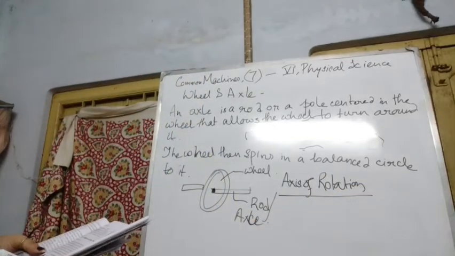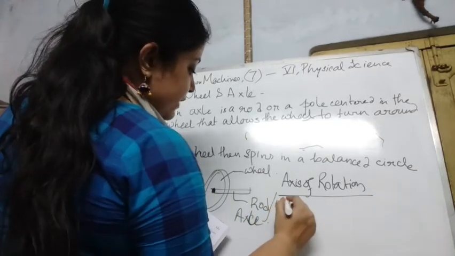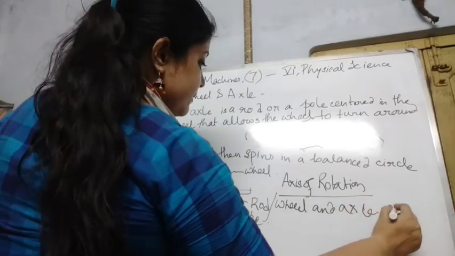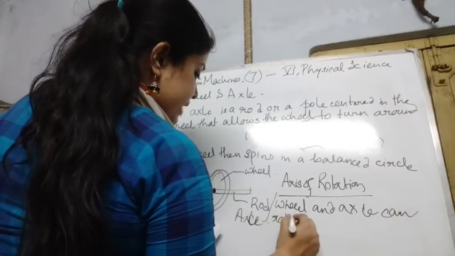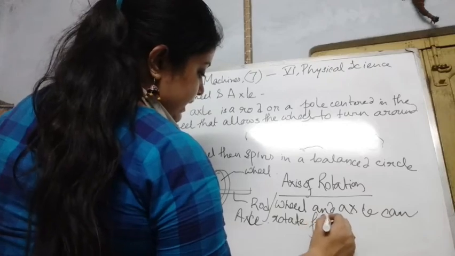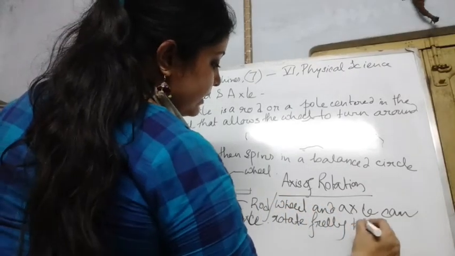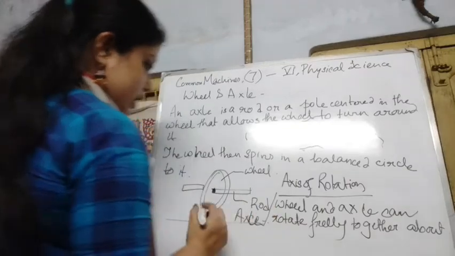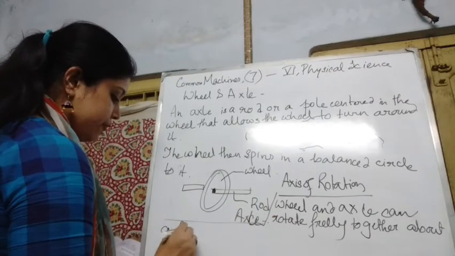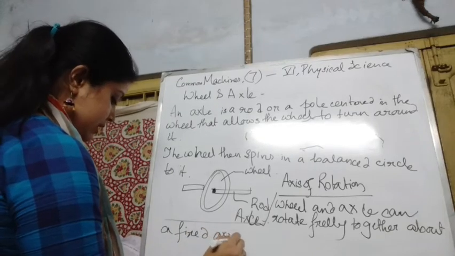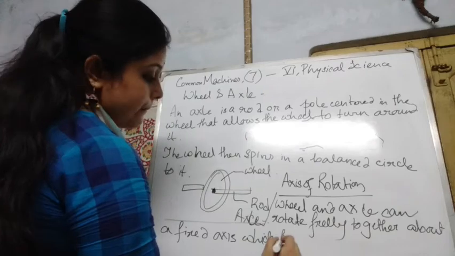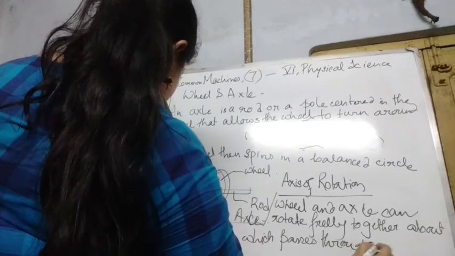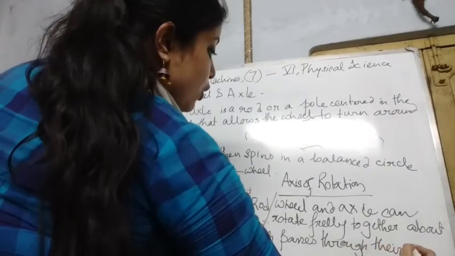The definition of the axis of rotation is that the wheel and axle can rotate freely together about a fixed axis which passes through their common center.